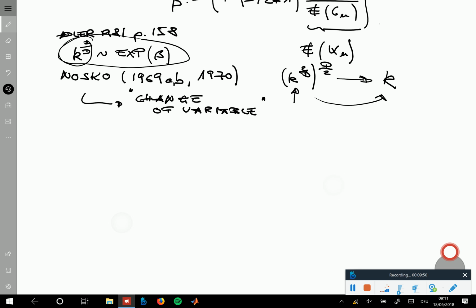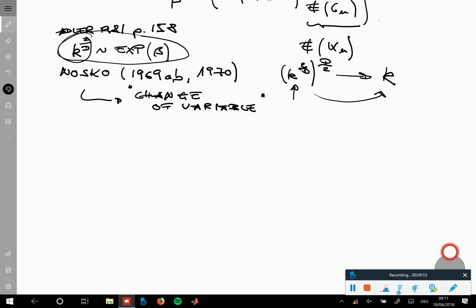So I don't want to go through all the details, but what this change of variable means is that if you have a random variable x that has a probability density fx, and you have a function g that maps the values of x onto the values g of x, and by this procedure you define a new random variable y, so g of x is called y.